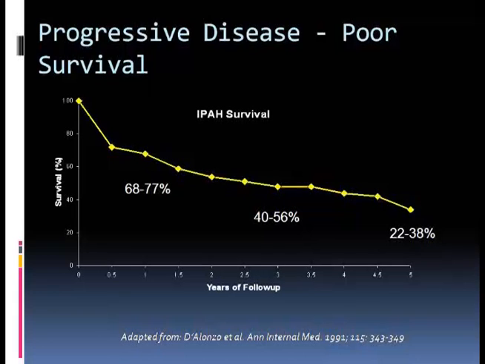Now, pulmonary hypertension is a progressive disease with very poor survival. We all know that. This is data from the 80s, late 80s, early 90s, when they had this NIH-sponsored registry of pulmonary hypertension. There were 188 patients with idiopathic pulmonary hypertension.